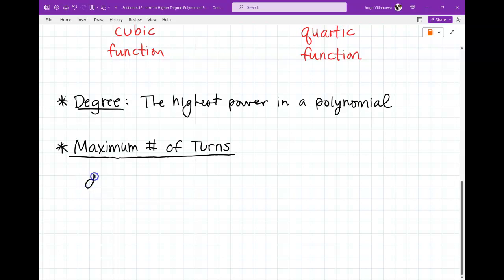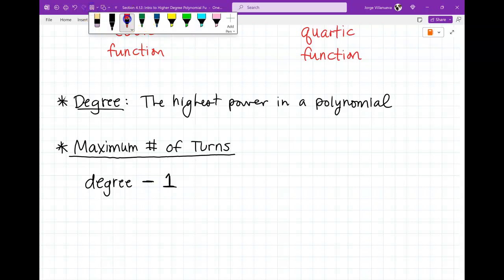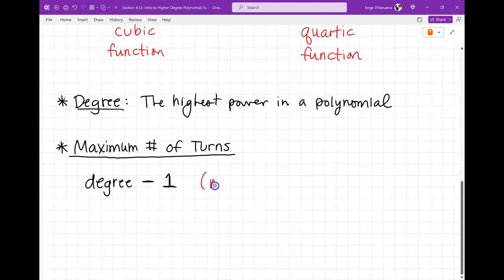You're going to get your degree and you're going to subtract 1. Okay? So your degree minus 1. Okay? So I'm going to put right here max number of turns of a polynomial.